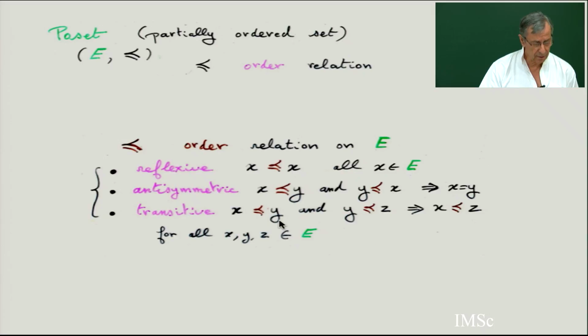And it is a transitive binary relation: if x is less than y and y is less than z, then x is less than z. So I just remind you of this classical notion of an order, but it's a partial order, not necessarily a total order. And poset is an abbreviation for partially ordered set. It's a set with this order relation.